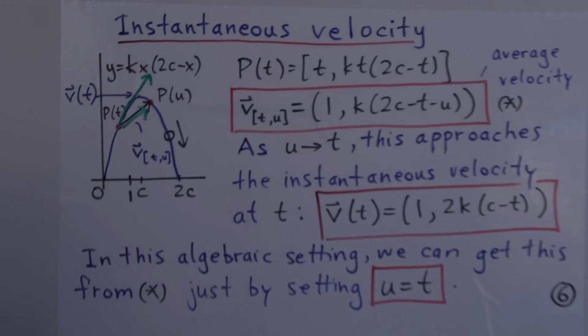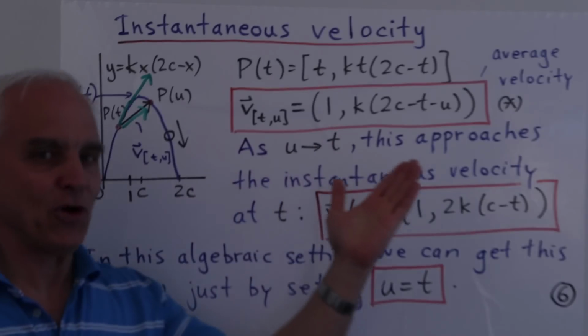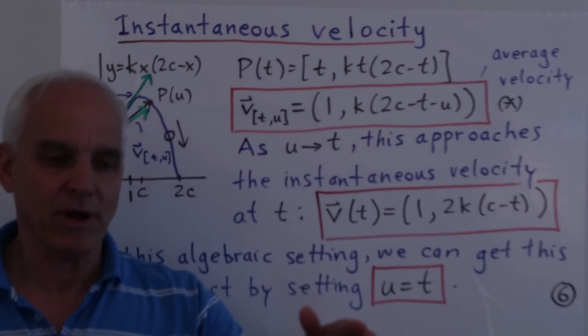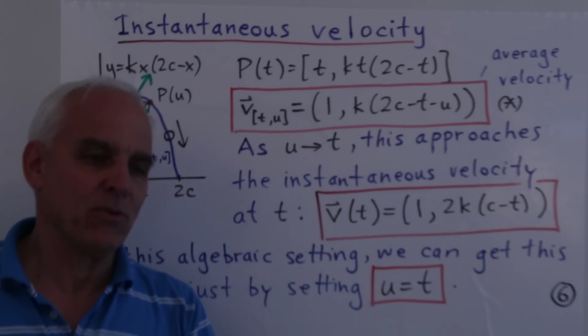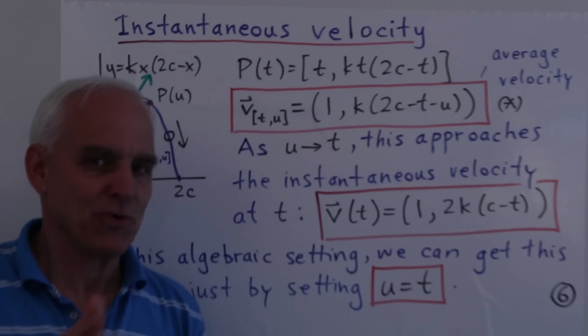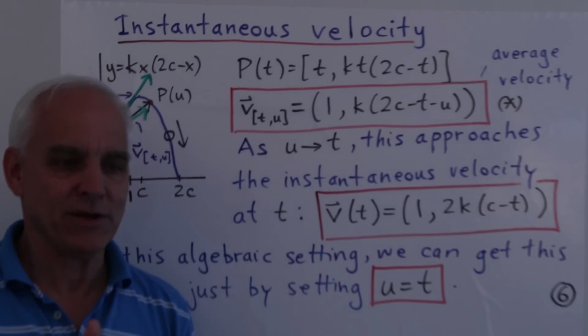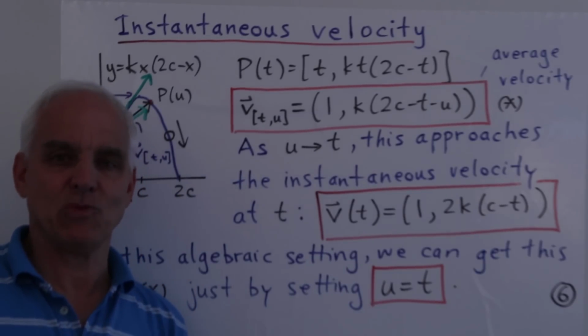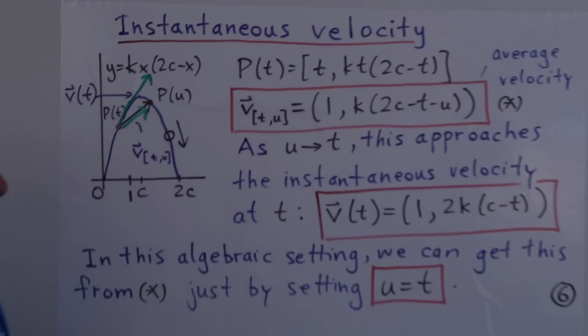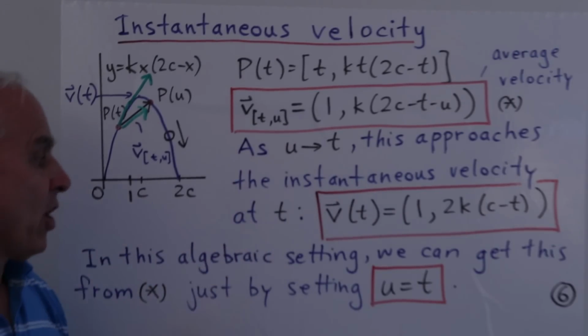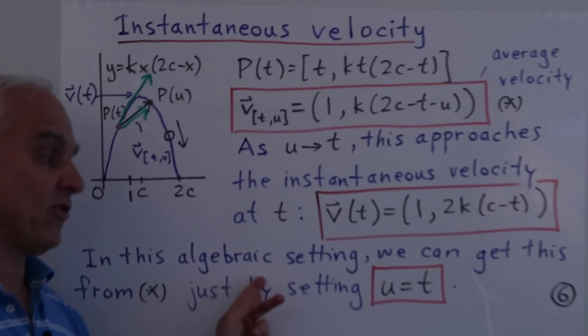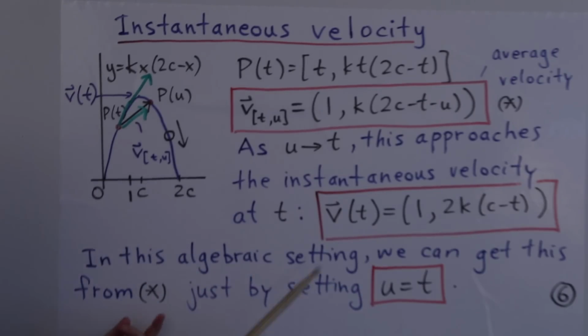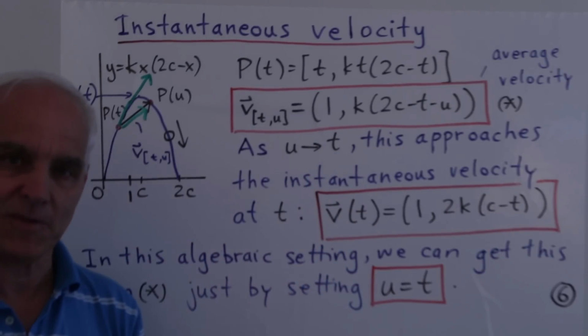And it's important to realize that although I've framed this in terms of a limiting argument, in the same way that we looked at tangents earlier and saw that we could establish tangents in a purely algebraic way, we can do exactly the same thing here. We don't have to talk about a limiting phenomena. We can just talk in this algebraic setting about getting this formula from this one just by setting u equal to t.